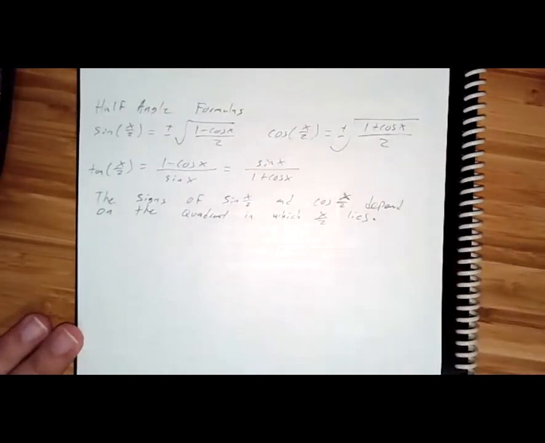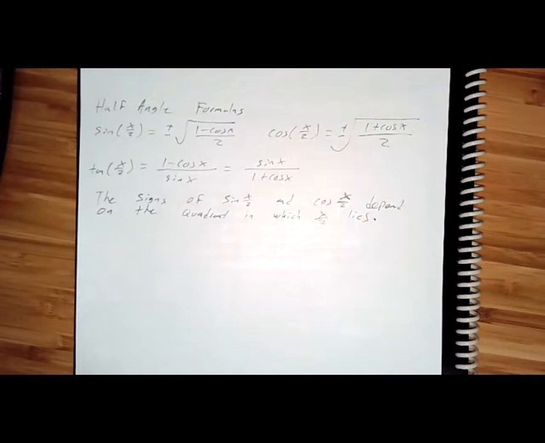So if it turns out your angle x over 2 is in quadrant 1, then sine and cosine are both positive. If it turns out it's in quadrant 2, then sine is positive, but cosine is negative. So all those ideas come into play when you're using these. Okay.